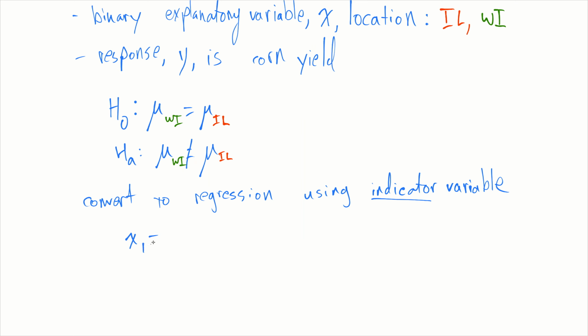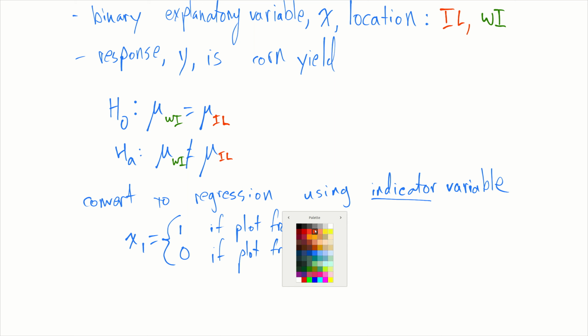It's equal to 1 if the plot where we measured corn yield is from Wisconsin, and we'll set this equal to 0 if the plot is from Illinois.